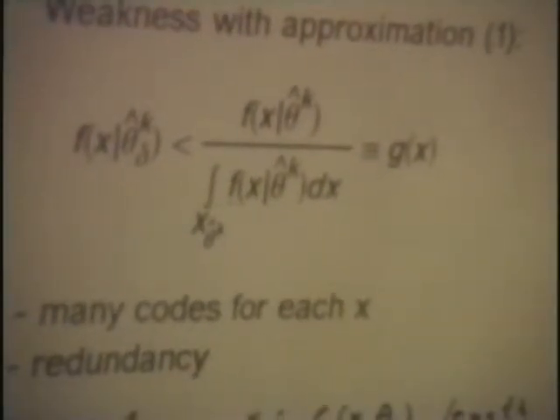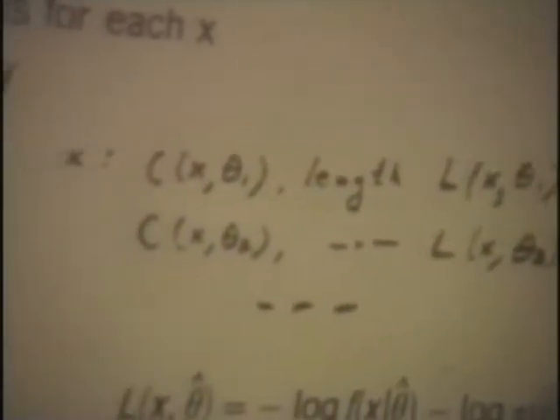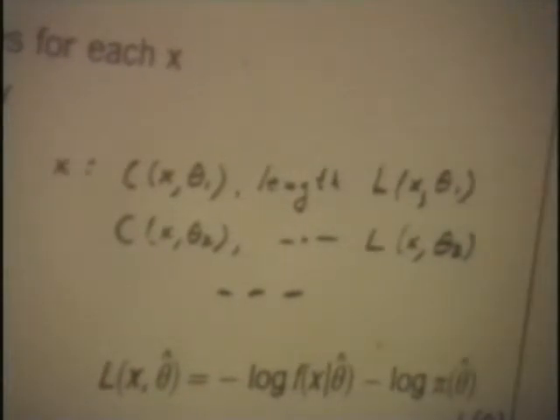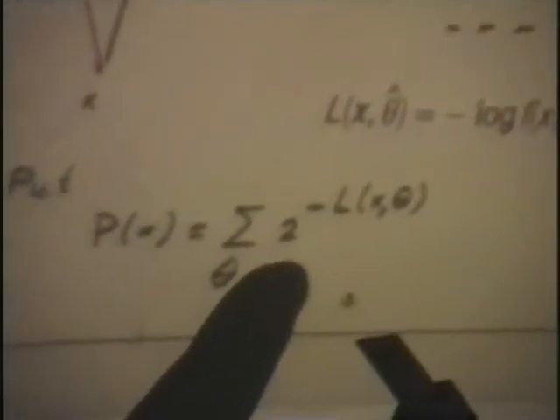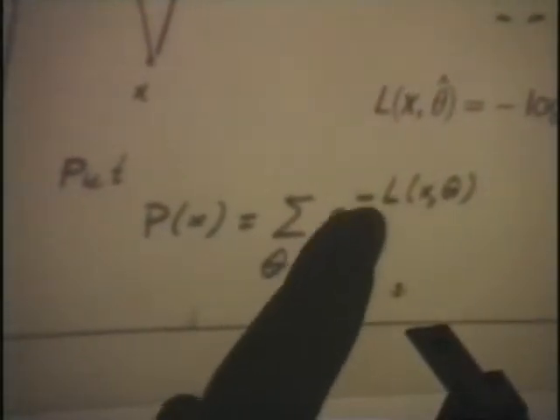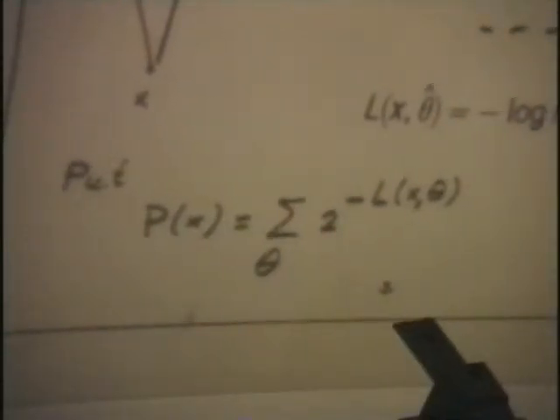However, there is a general way to do this. Here I illustrate that every parameter value actually gives me a code for a given data sequence. So there is a general way of removing redundancies in such situations, and a very general way is simply that I raise 2 to the negative power of the lengths of all the possible codings for x.